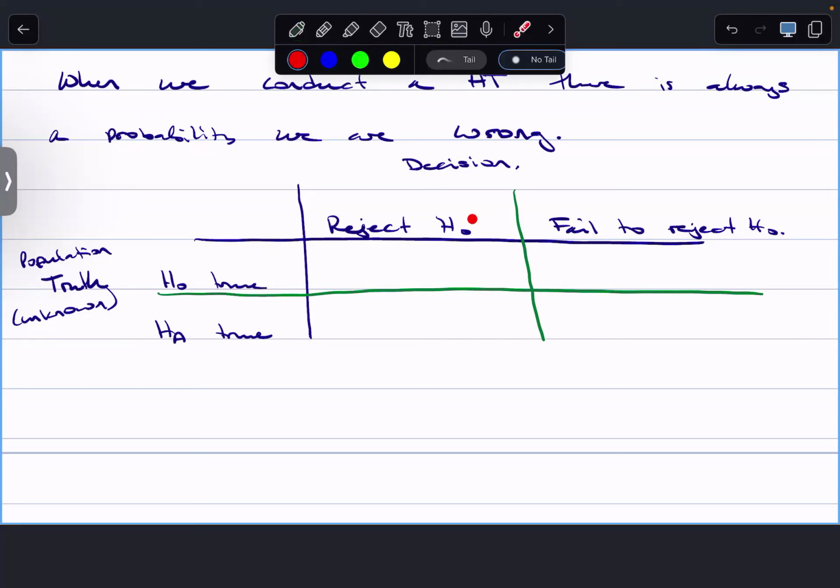If I've rejected H naught, but H naught is true, that's a decision error. I've made a mistake. So here, this is a decision error. I rejected it when I shouldn't have.